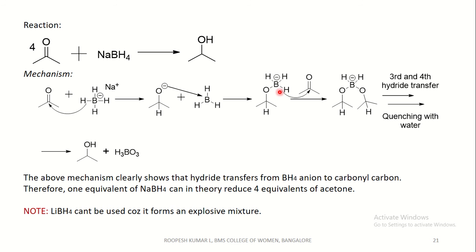Once again, one more hydride ion attacks one more molecule of acetone to form the corresponding product, and subsequent hydride transfers, that is the third and fourth hydride transfer. In the third step this hydride gets transferred, and in the fourth step this hydride gets transferred, and subsequent quenching with water we get isopropanol with boric acid.